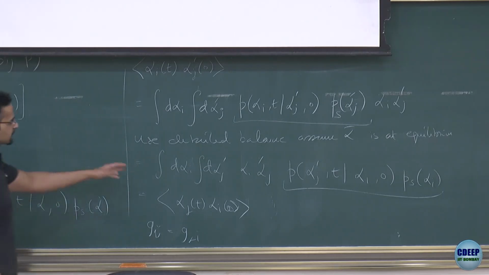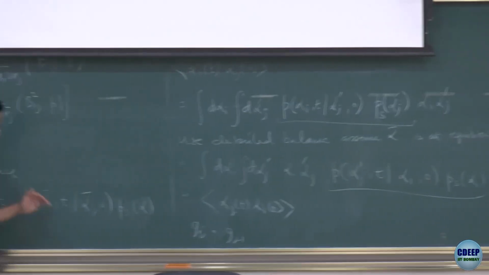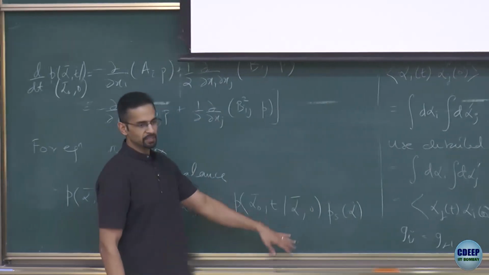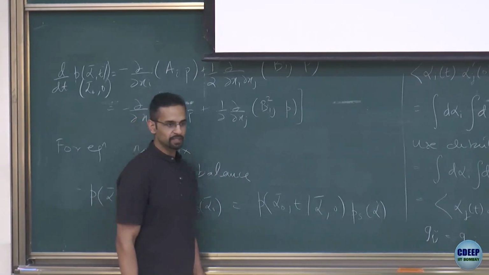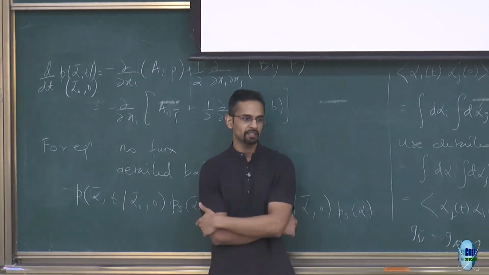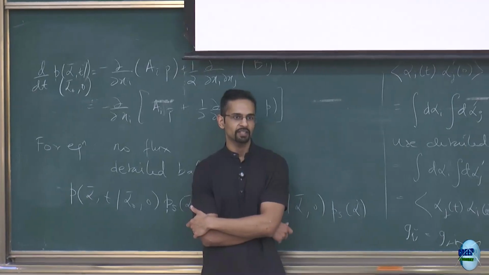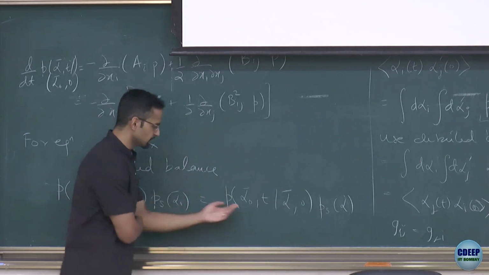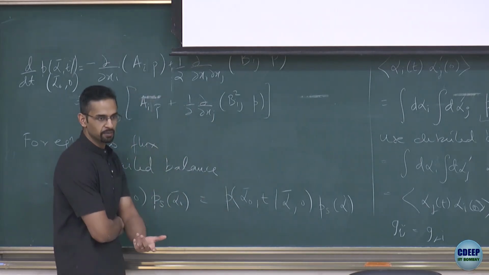So what I did here is use the well-known detailed balance relation of the transition probability to show you the same thing, but it's also intuitively obvious. Having a symmetric autocorrelation requires a time reversible process, which happens at equilibrium. That is what this is saying: whatever the dynamics are, they are time reversible.